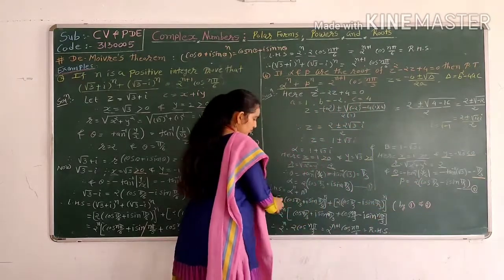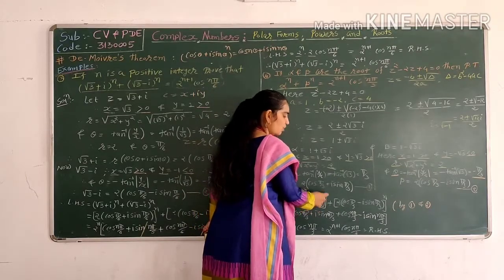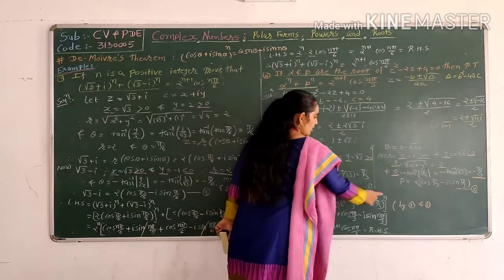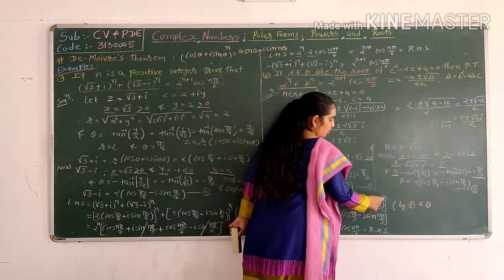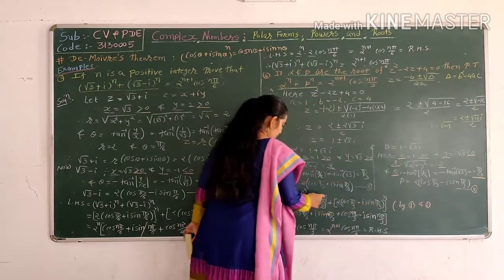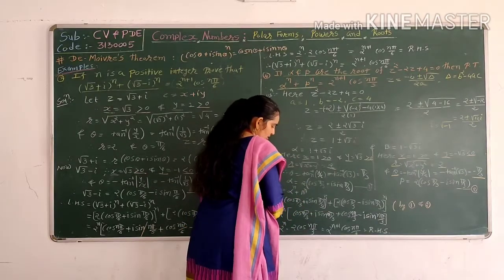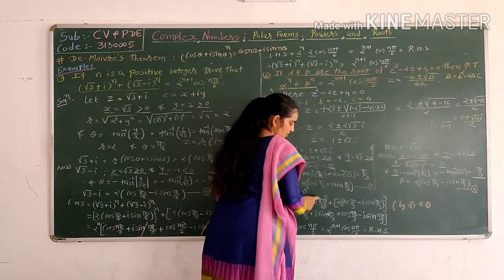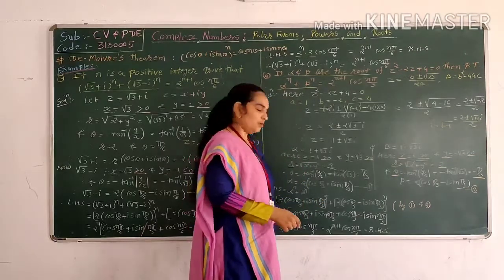Now 2 raised to n into cos pi by 3 plus i sin pi by 3 whole raised to n plus 2 raised to n into cos pi by 3 minus i sin pi by 3 whole raised to n. Therefore 2 raised to n is common, so take 2 raised to n outside. Now cos pi by 3 plus i sin pi by 3 raised to n. We have to use De Moivre's theorem.